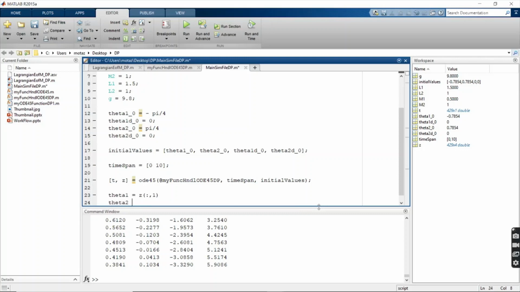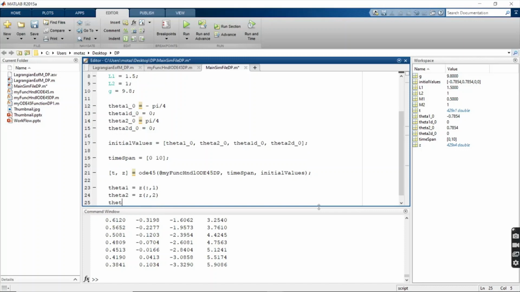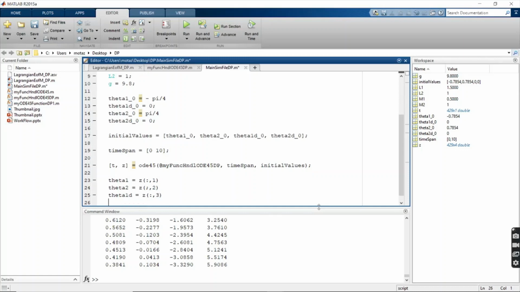Theta 2 is Z, all rows, 2. Theta 1 dot, Z, all rows, 3. And theta 2 dot equals Z, all rows, 4. And then we can run this again.